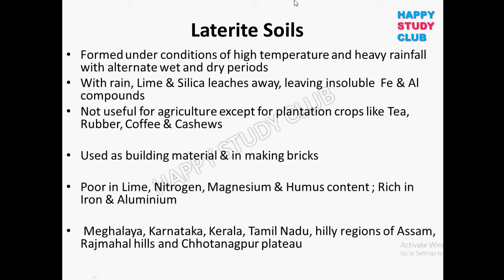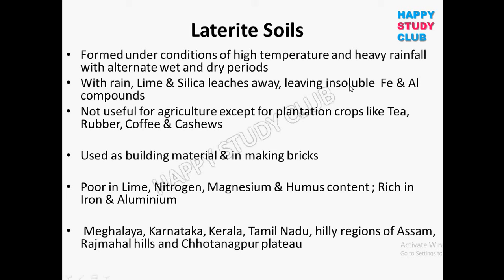We have discussed earlier that Meghalaya is the region where we can find laterite soils, and Meghalaya is the place where very heavy rainfall takes place. So laterite soils are formed under conditions of high temperature and heavy rainfall with alternate wet and dry periods.